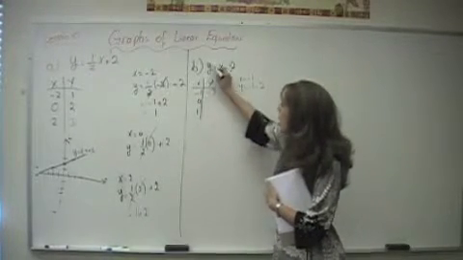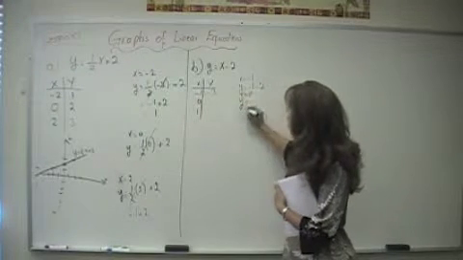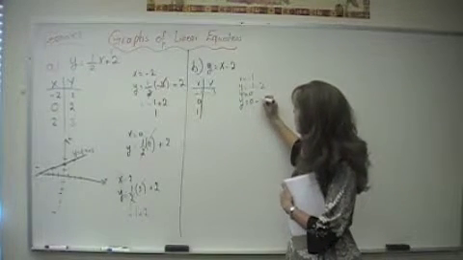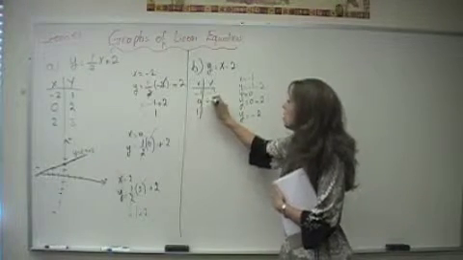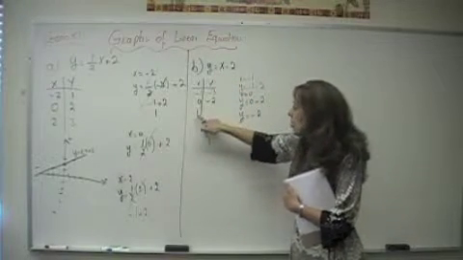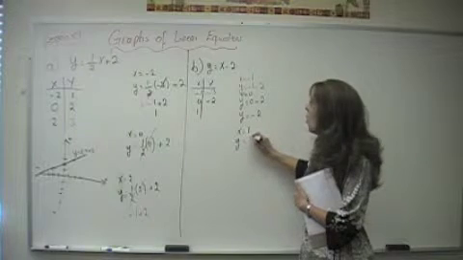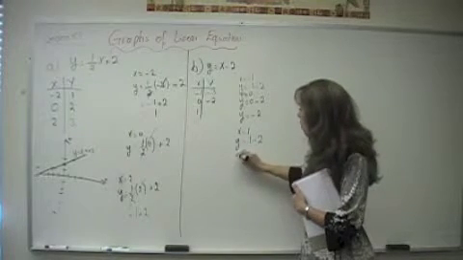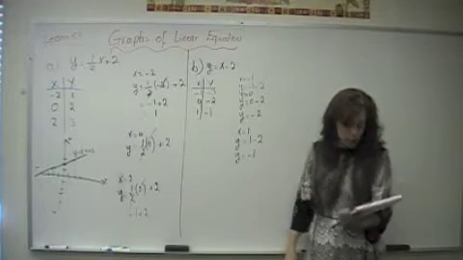When my x equals 0, my y equals 0 minus 2, that means y equals -2. Here's -2. When x equals 1, my y will be 1 minus 2, and y will be -1. So I now have the 3 points.